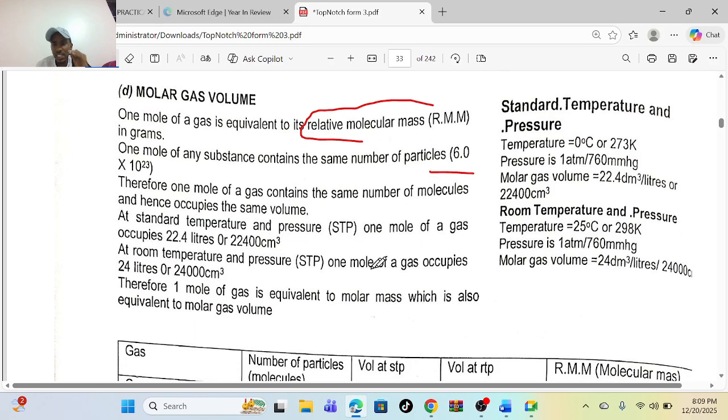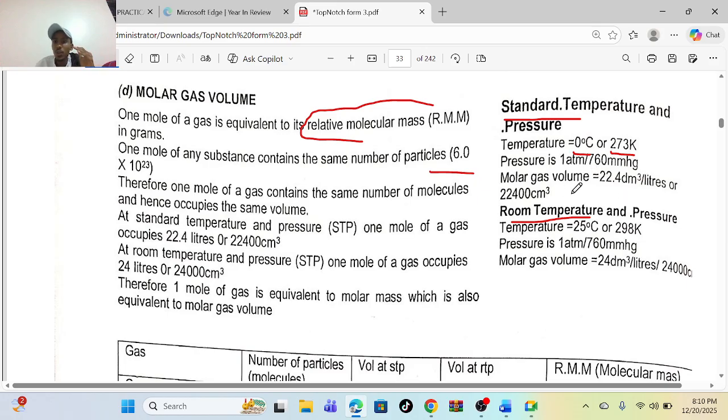But there is something that's known as standard temperature and pressure, and something known as room temperature and pressure. The main aim ambayo nimekupitisha hii topic ni ujue tu hizi mbili. Ukisikia standard temperature, the temperature is 0 degrees Celsius or 273 Kelvin, while pressure is 1 atm.